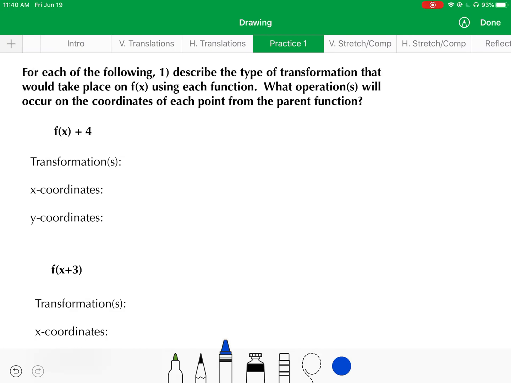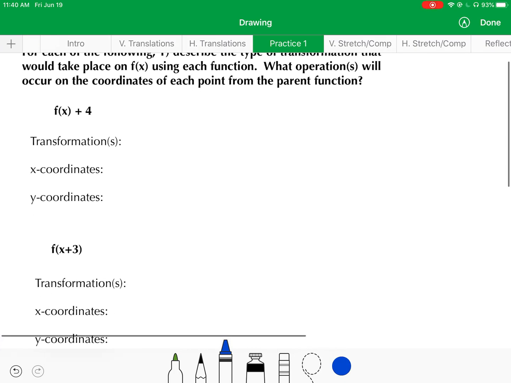Okay. So I want you to pause the video at this point, think through these and write some things down based on the notation for each function, and then come back to the video, check your work with mine. So in the case of f of x plus 4, notice the plus 4 is being added outside of the function.